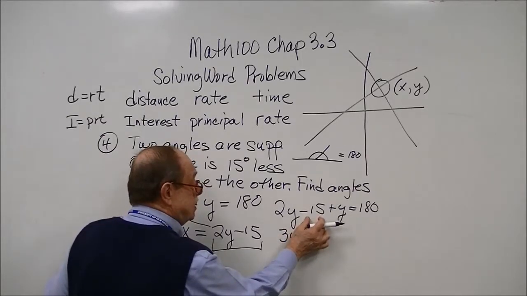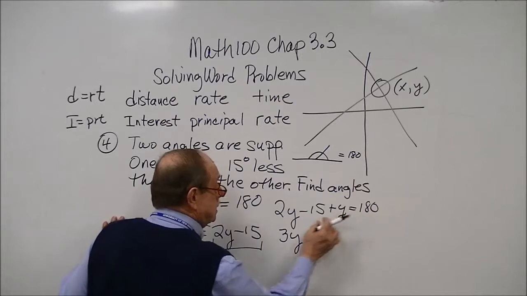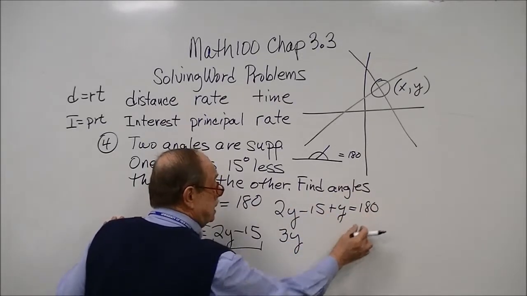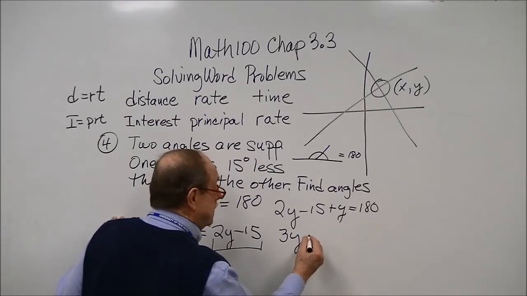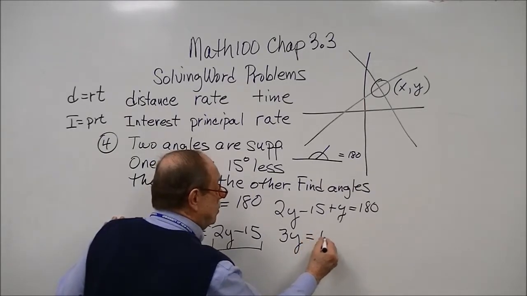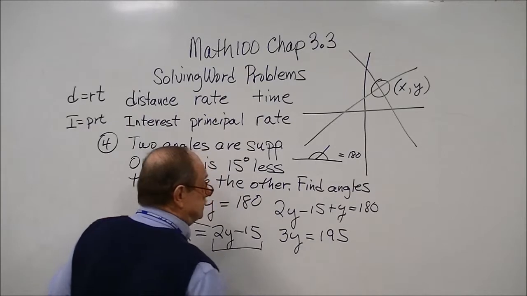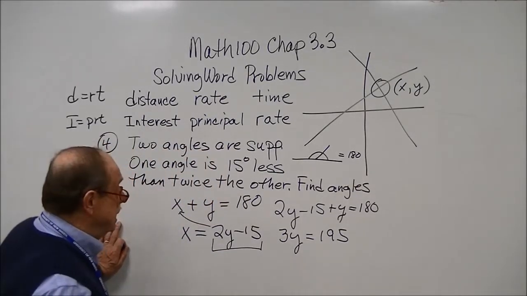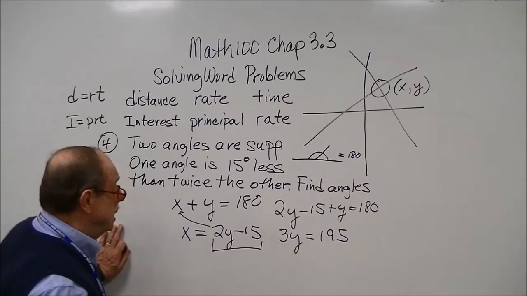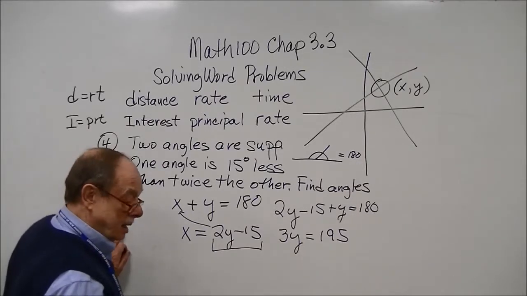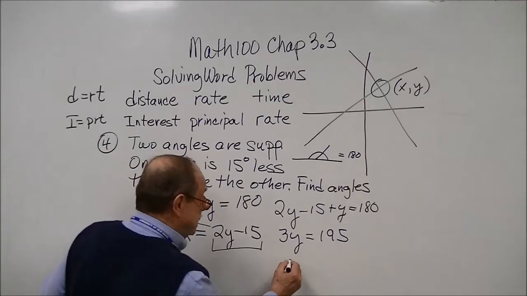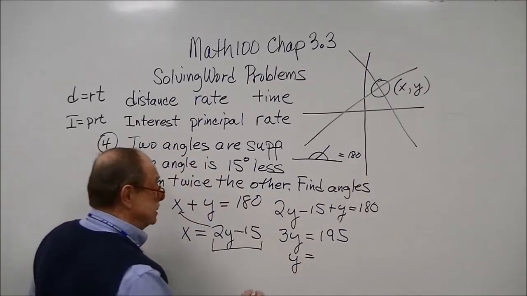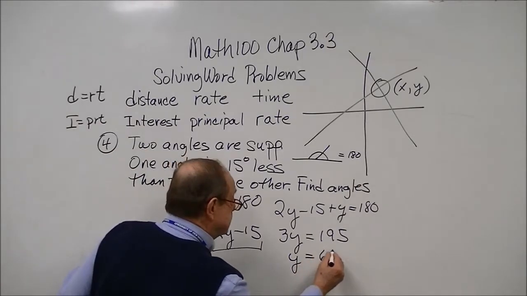We're going to transpose this to the other side. When we do so, it becomes a positive 15, and that becomes 195. We divide that by 3, and we get y equals 65.